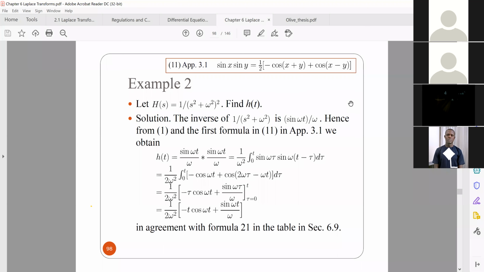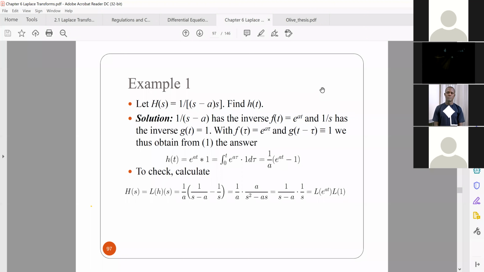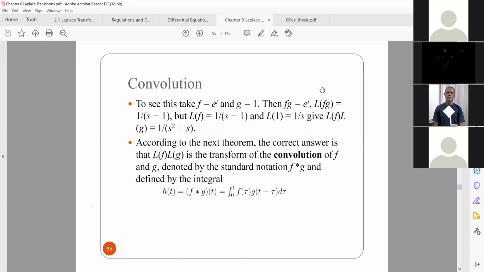If you don't mind, let's go back a bit to how the convolution works. If I convolve this one with this one, this is convolution.